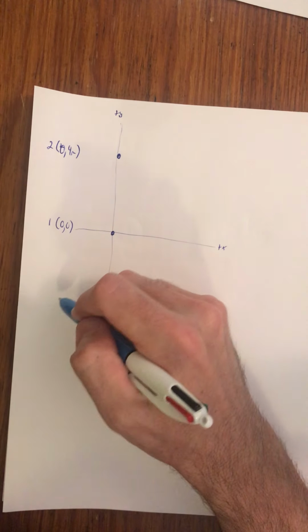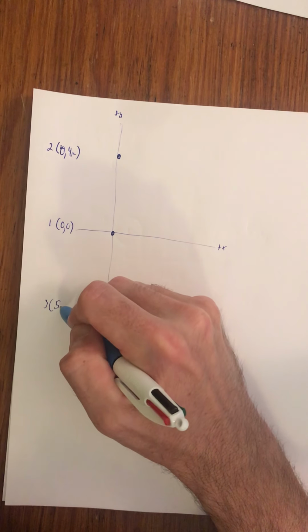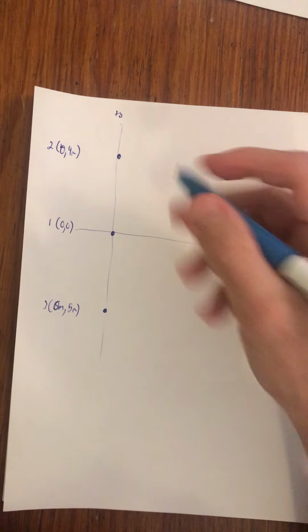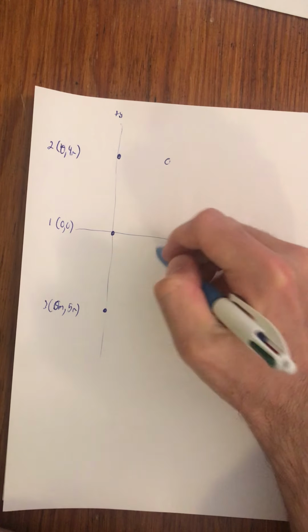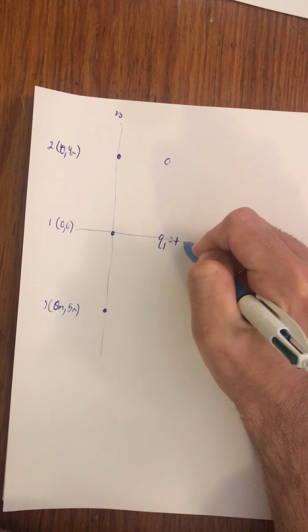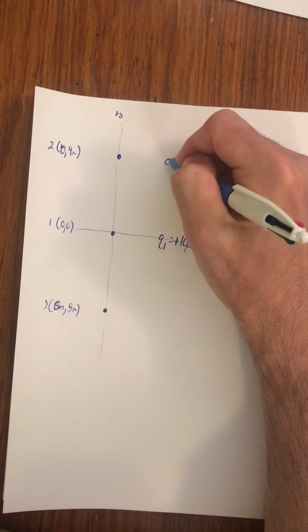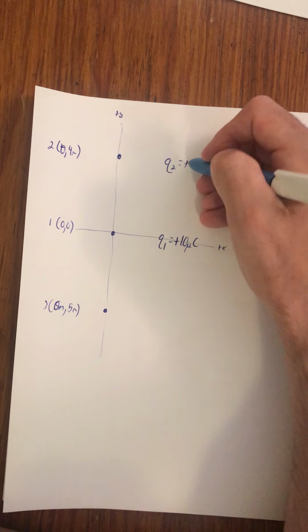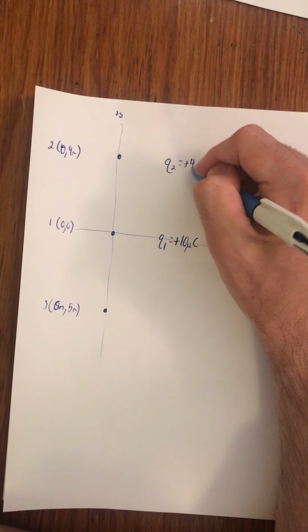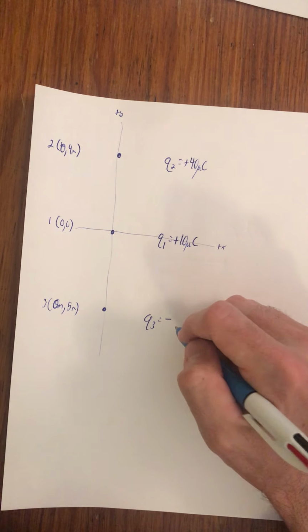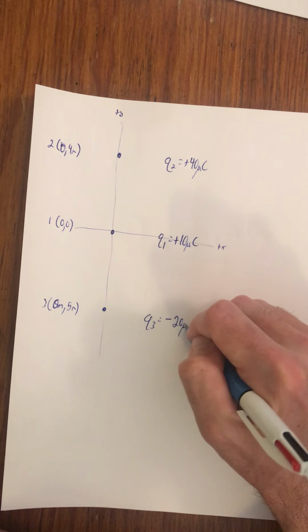Charge 3 is at a position of 0, 5 meters. And let's say that Q1 is positive 10 microcoulombs, Q2 is positive 40 microcoulombs, and then Q3 is negative 20 microcoulombs.